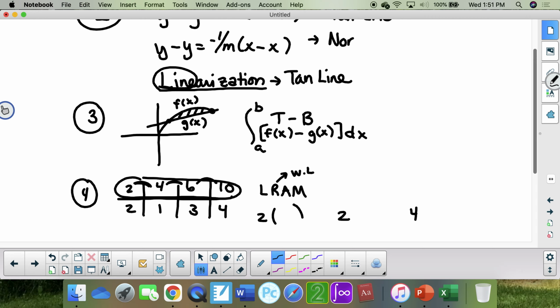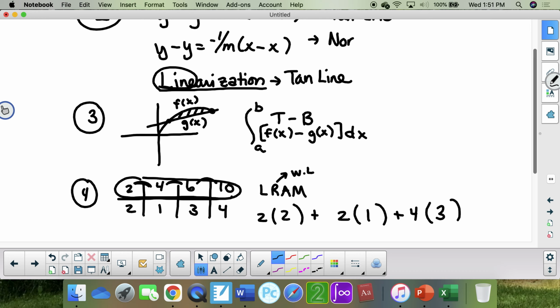And then if you're doing the left Riemann sum, one of these four numbers will not be used because you're going from the left side, so you're going to use the 2, the 1, and the 3, right? If you're going from the right side, you're going to use 4, 3, and 1.